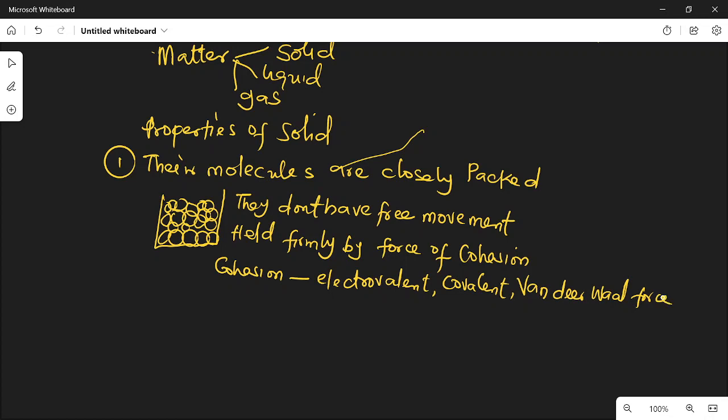So they are held by force of cohesion, and the force of cohesion may be electrovalent bond, may be covalent bond, in fact may even be metallic bond. These are likely bonds that can hold the molecules of solids together.